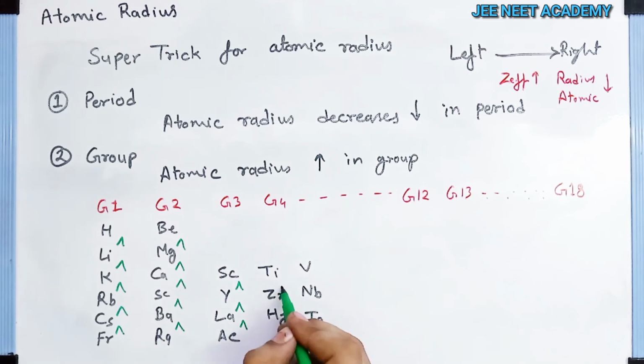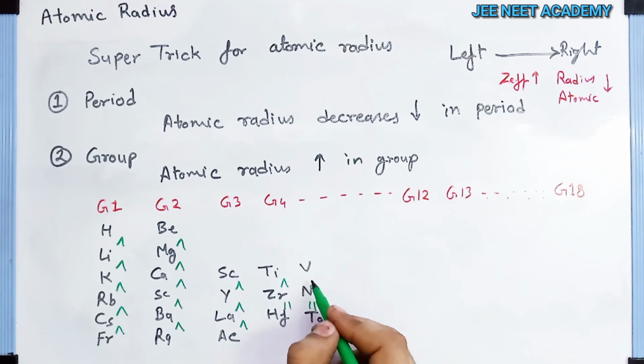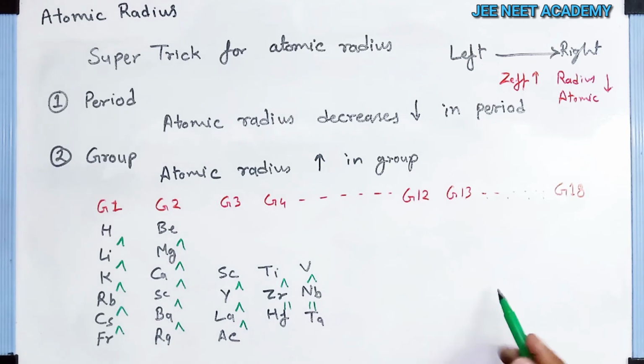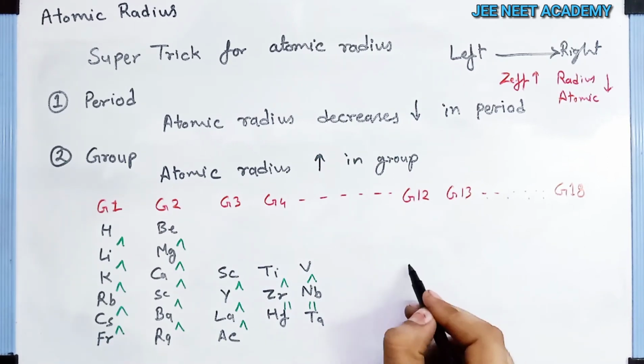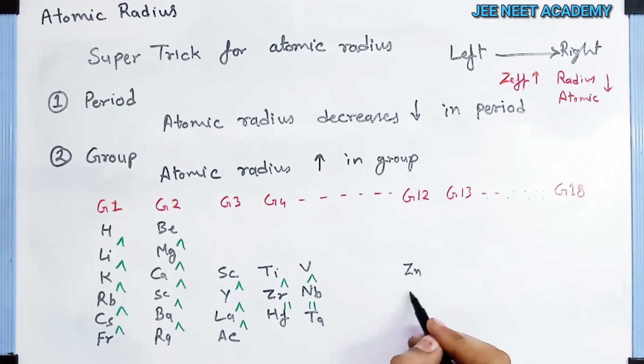The atomic radius will increase, then here it's almost equal to zirconium. So till group 12, zinc, cadmium, mercury, this trend will be the same because of the lanthanide and actinide contraction.